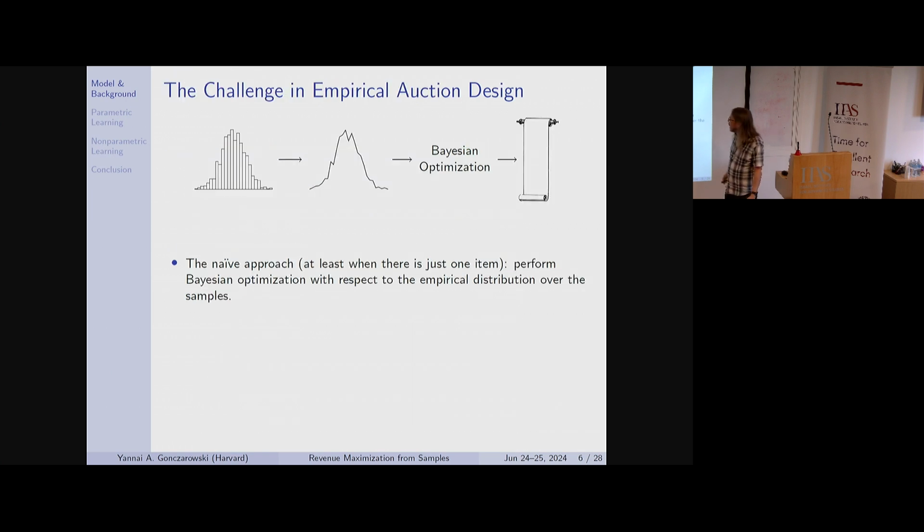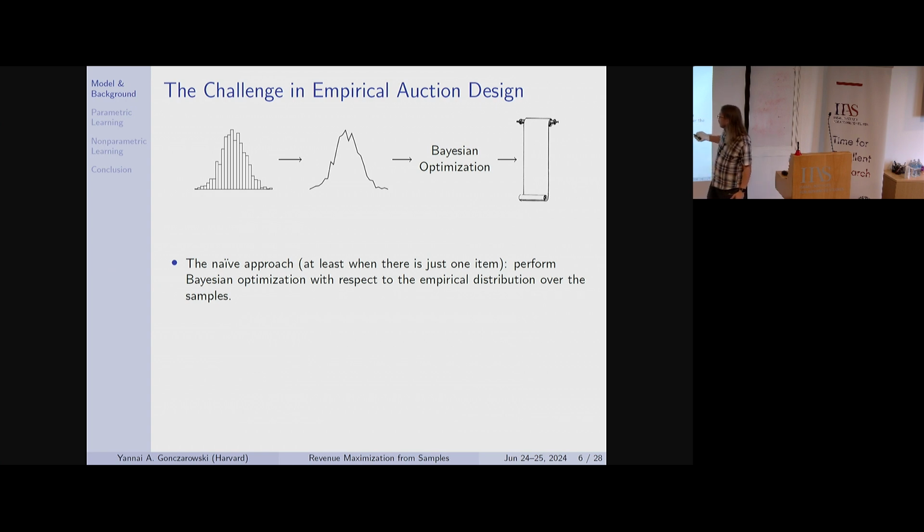So what are the challenges? The naive approach, or the first approach: perform Bayesian optimization with respect to the empirical distribution over the samples. What do I mean? You get some samples. Take the uniform distribution over the samples. For the mathematicians here, to be super accurate, the uniform distribution over the multi-set of samples.